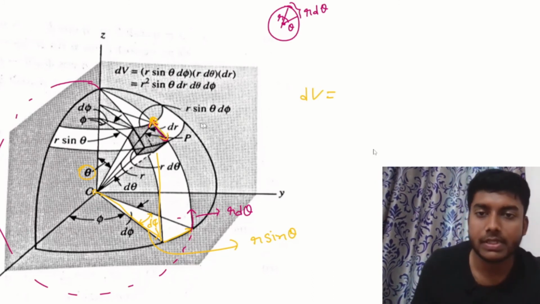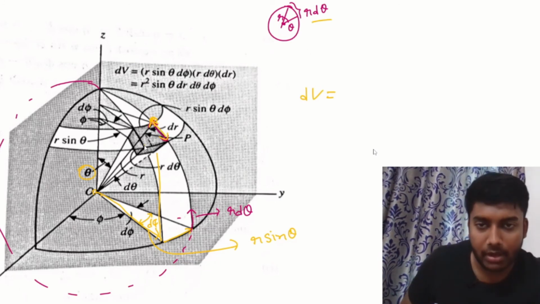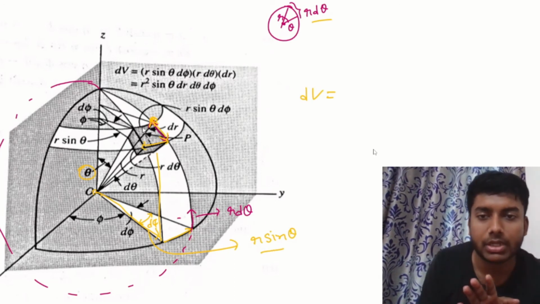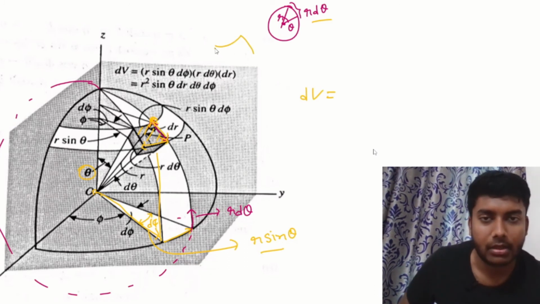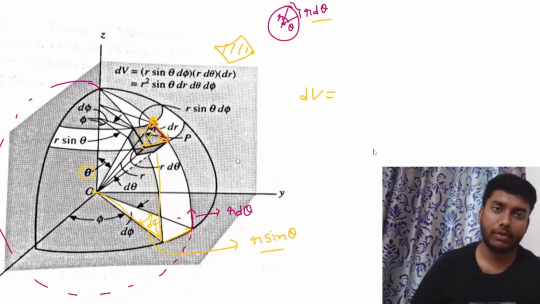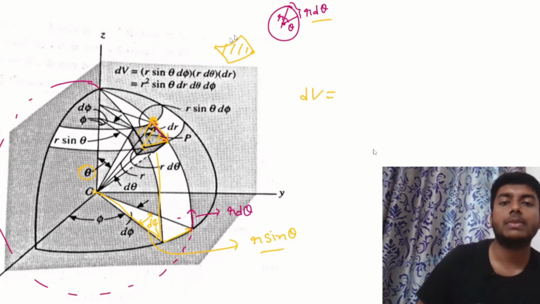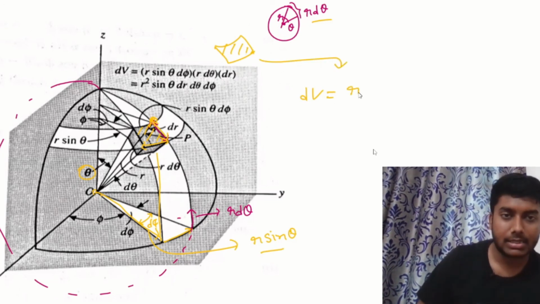So what will be the value of this? The value of this will be r d theta, and the value of this is r sin theta. So if we multiply these two things, we'll get this type of area on the sphere. So we get a part of a spherical area, and the area will be equal to r sin theta into r d theta.